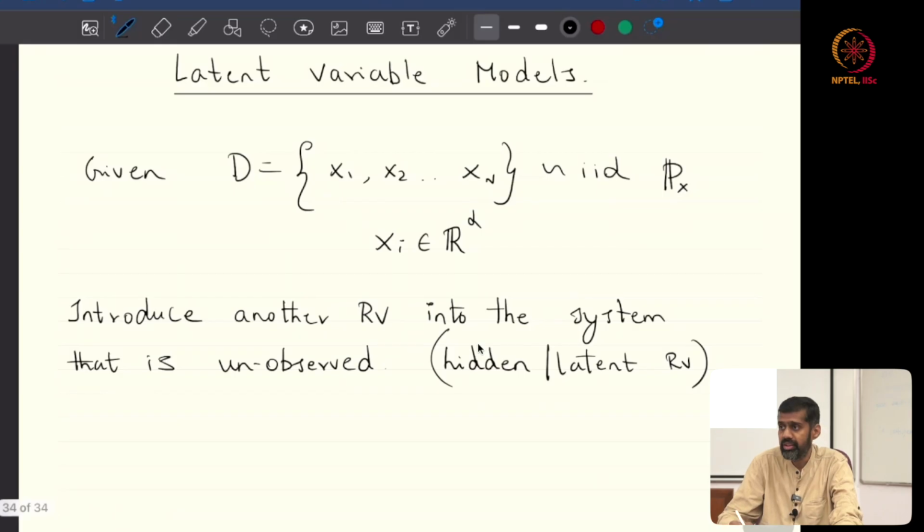Let me give you an example. Let us say that we are looking at a data set that contains pictures of handwritten digits. I am talking about the usual MNIST data set. Now this random variable, typically represented by the letter z, let us say is a 3-dimensional continuous random variable. The first dimension represents the thickness of the digit.